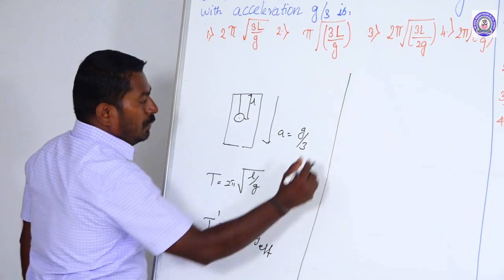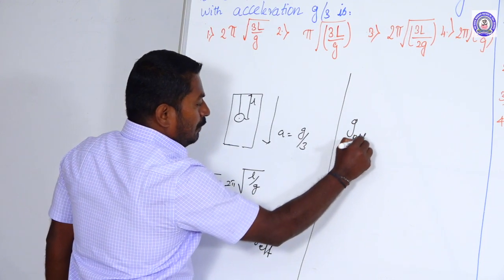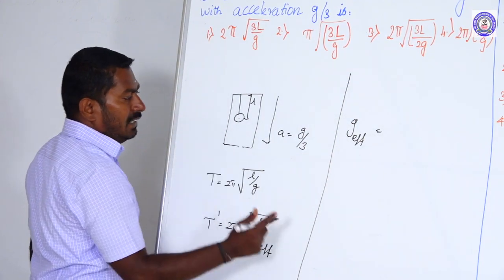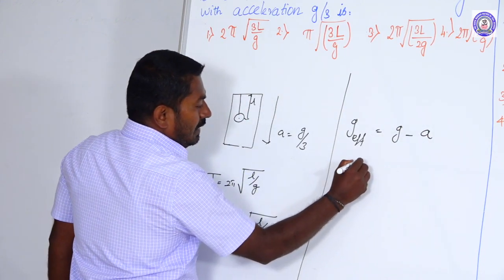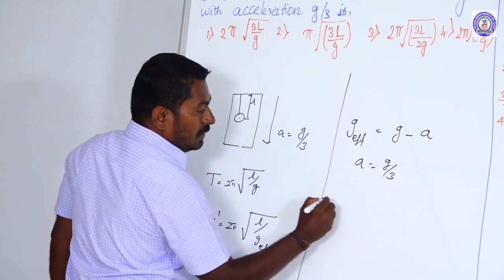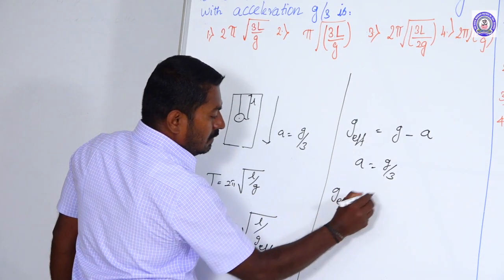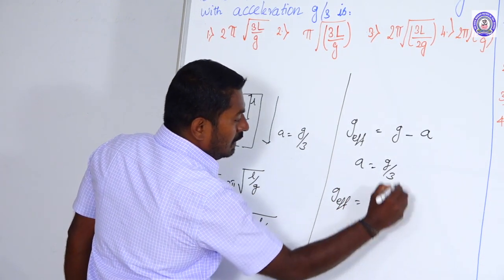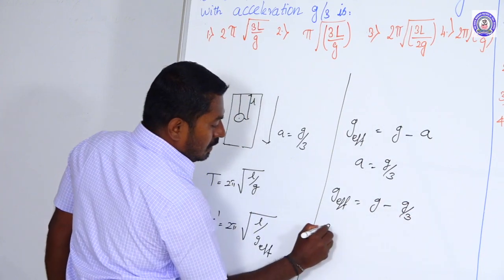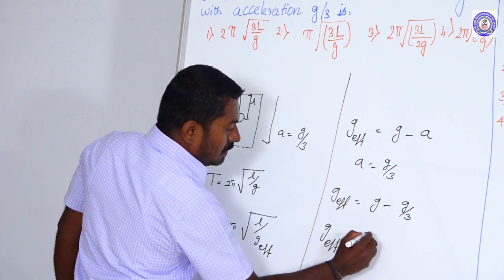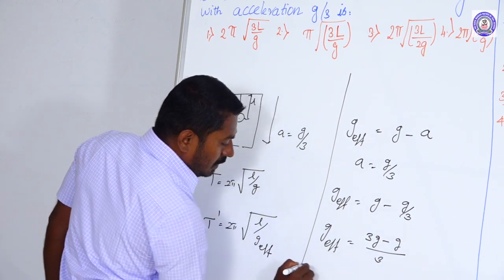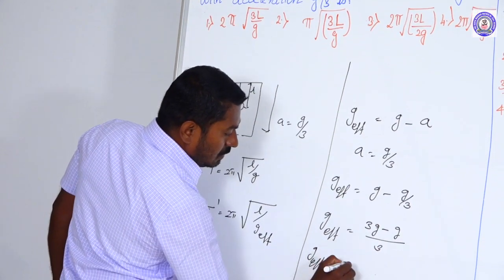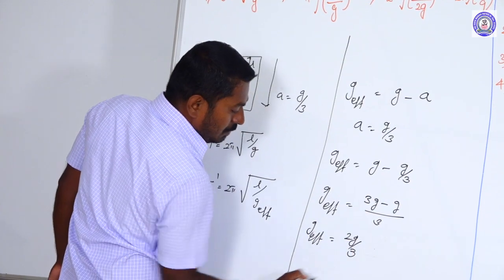So effective acceleration g effective, in the descending condition, is equal to g minus a. So here a is equal to g divided by 3. Effective acceleration is equal to g minus g divided by 3. So effective acceleration is equal to 3g minus g divided by 3. So effective acceleration is equal to 2g divided by 3.